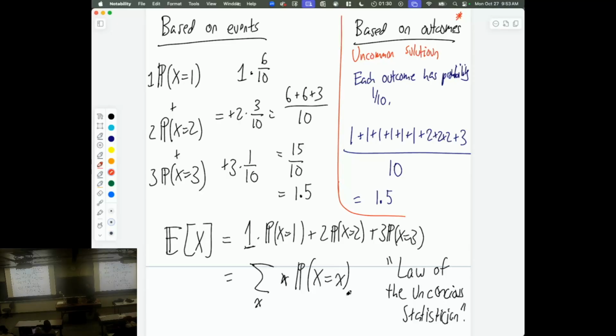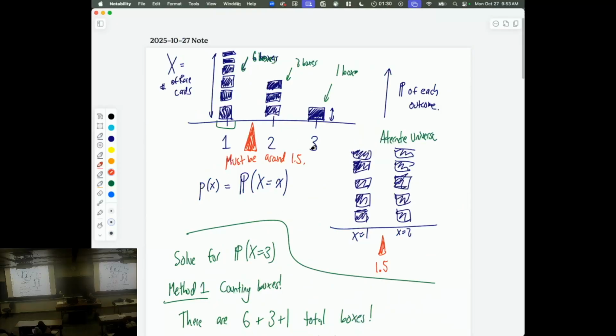Actually, I can make a comment. So you had 6 boxes on the 1, 3 on the 2, and 1 on the 3. We could imagine what would happen if we took the 1 on the 3 and put it on top of the 2. So yeah, you want to do like a thought experiment.